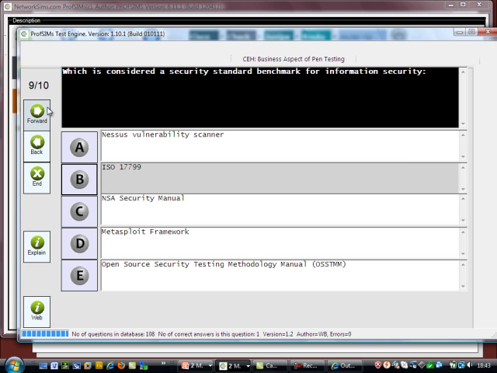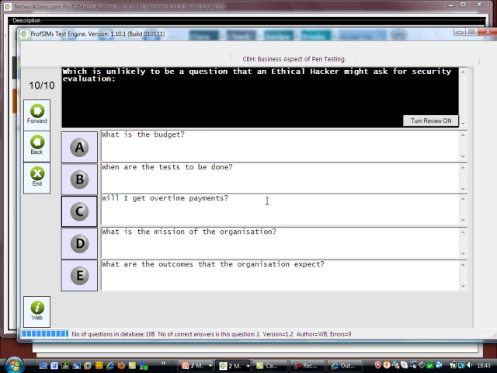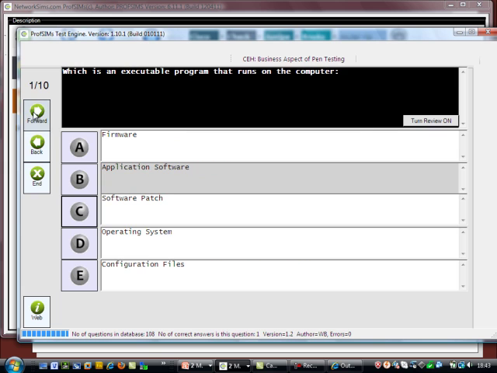So this is the ISO standard. Questions for the ethical hacker: what's the budget? When are the tests to be done? What is the mission of the organisation? What are the outcomes that the organisation expects? It's unlikely they'll ask about overtime payments.